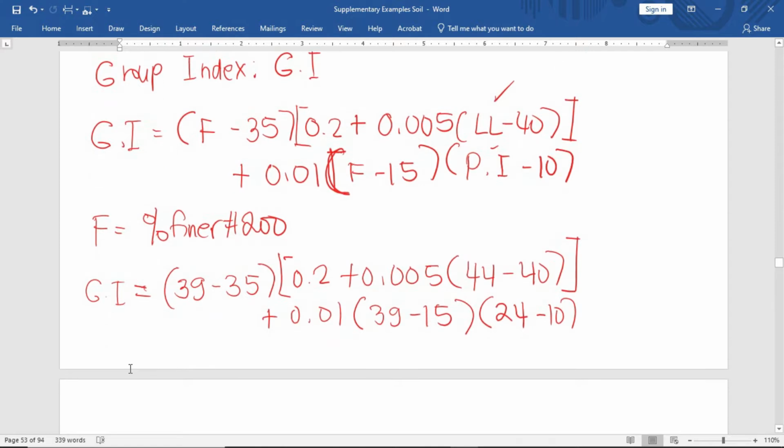Input lang natin sa calculator, lalabas ay equal to 4.24.